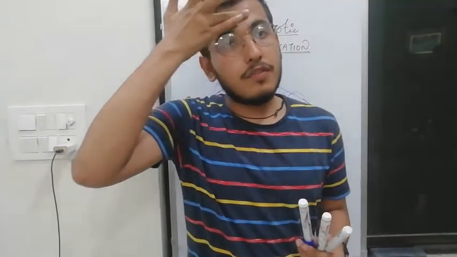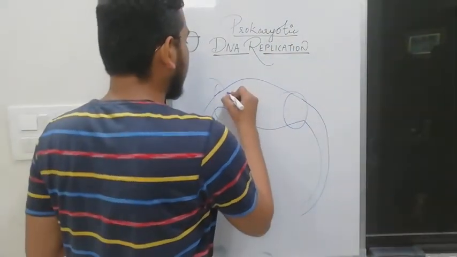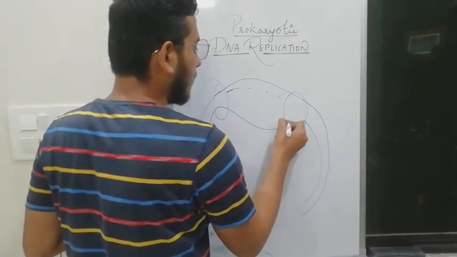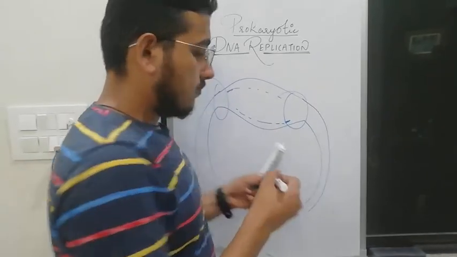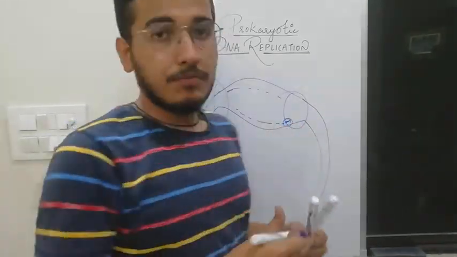DNA polymerase lacks the tendency to initiate the process of replication because we need some bases for the polymerization. These bases are called primer.